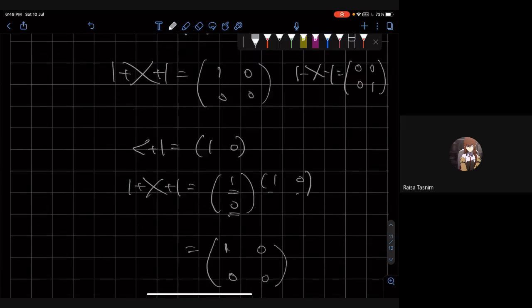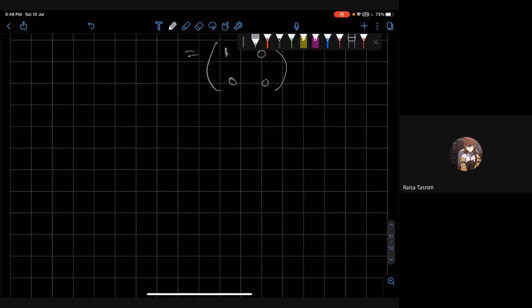Okay, let's look at some properties of the density matrix. Number one is the trace of the density matrix is always 1.